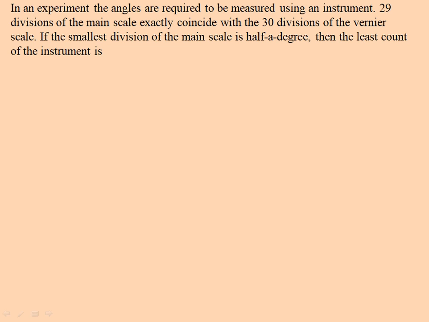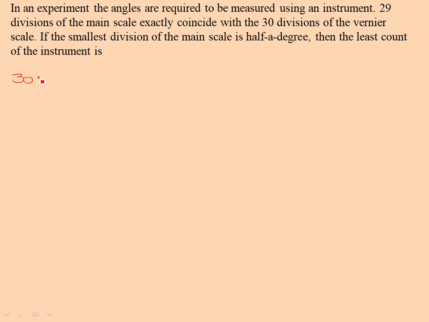The next question is like this. In an experiment, angles are required to measure using an instrument. 29 divisions of the main scale are exactly coinciding with the 30 divisions of vernier scale.